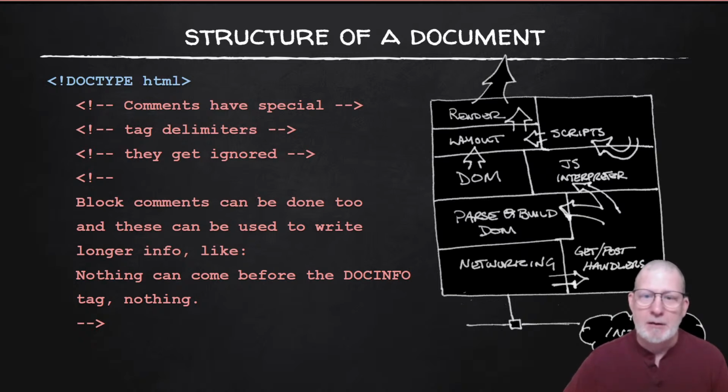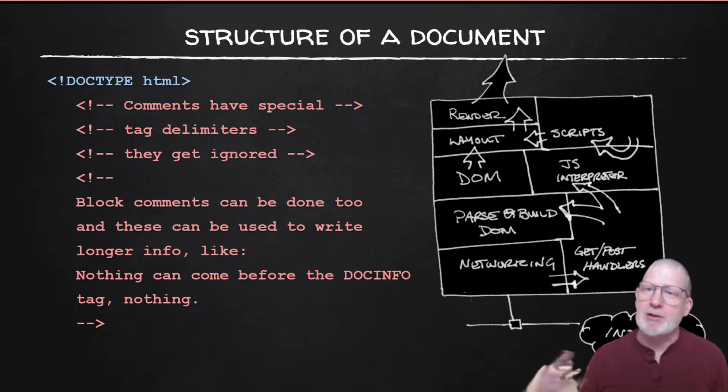It's got a part in there called get and post handlers, and that part is all about how to figure out how to talk with that web server. And we don't have to interact with that at all. What comes back from the web server gets broken into two halves. One half goes to what we call the parse and build DOM part.